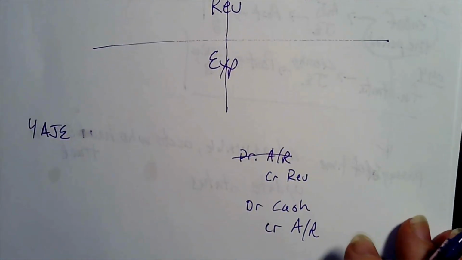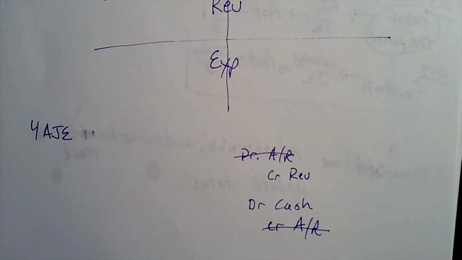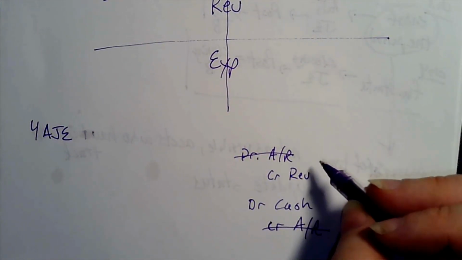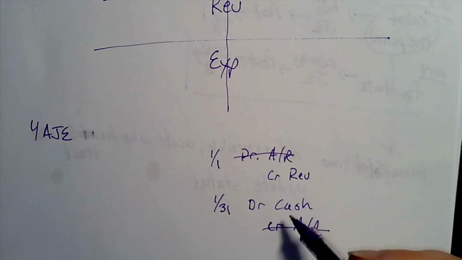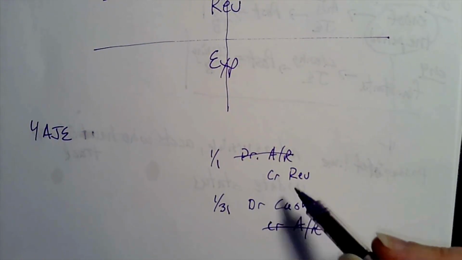And later on, when the customer does pay us, we debit cash because we've received the cash, and we credit the AR. Notice that the AR cancels out, and we're left with a cash sale. Maybe this happened on the first of the month and this happened at the end of the month. So it ends up being a cash sale, just separated in time.